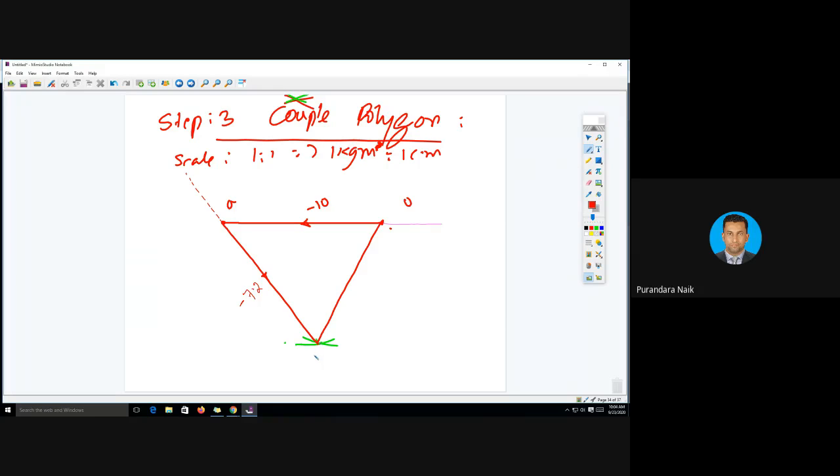So this point is B. Here it is minus 7.2. That's why we have taken it in the downward direction. If it is plus 7.2, we could have taken it like this. Please remember. That's why we have drawn in the bottom direction, because it is minus 7.2. Please remember.